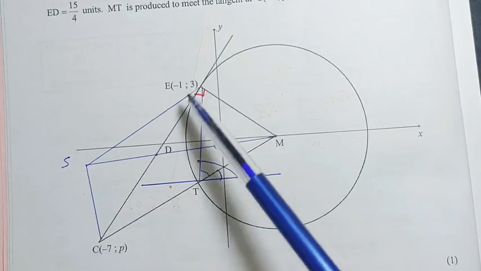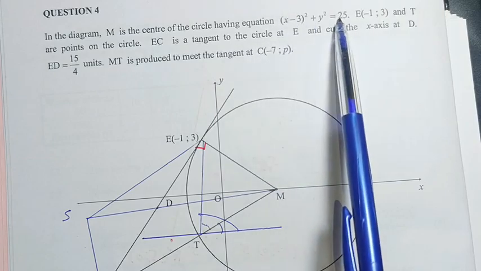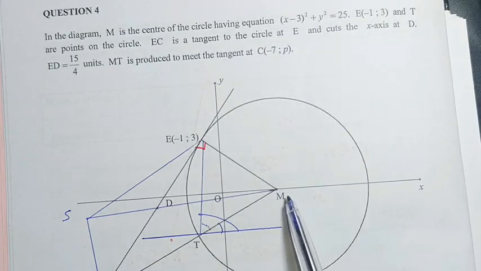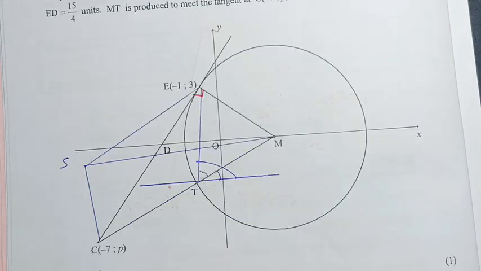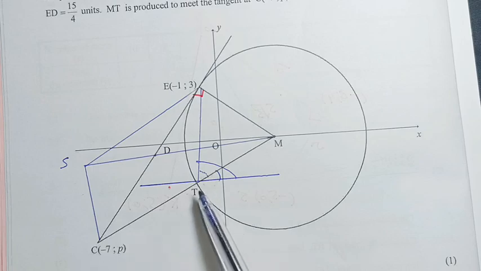So T lies on the circle, and we have the equation of the circle here. If you can find the equation of MC, this is the point of intersection of the circle and the equation of MC, and then we can find the missing coordinates of T, and from there we can solve the question further.